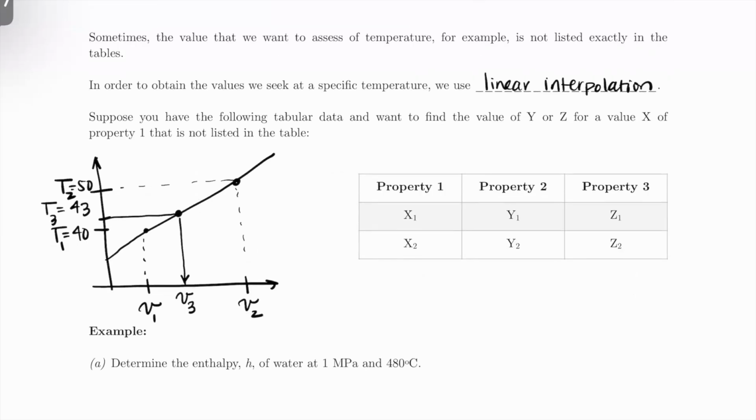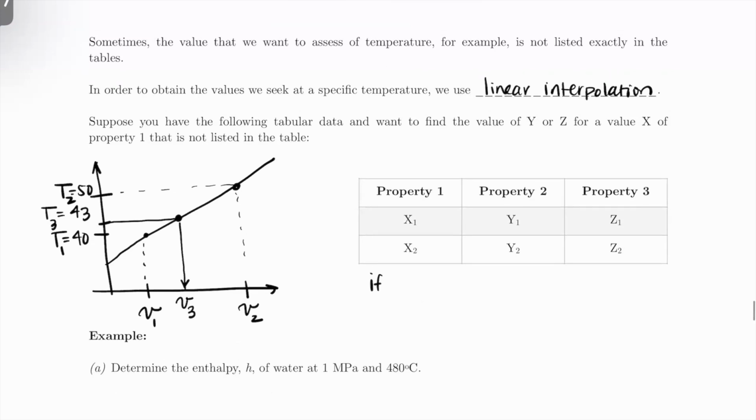So basically what we do is we'll have three properties. If we have two properties that are known from the table, and then we want to find the third property, then if we want to find information about X, Y, Z, this is our unknown state.